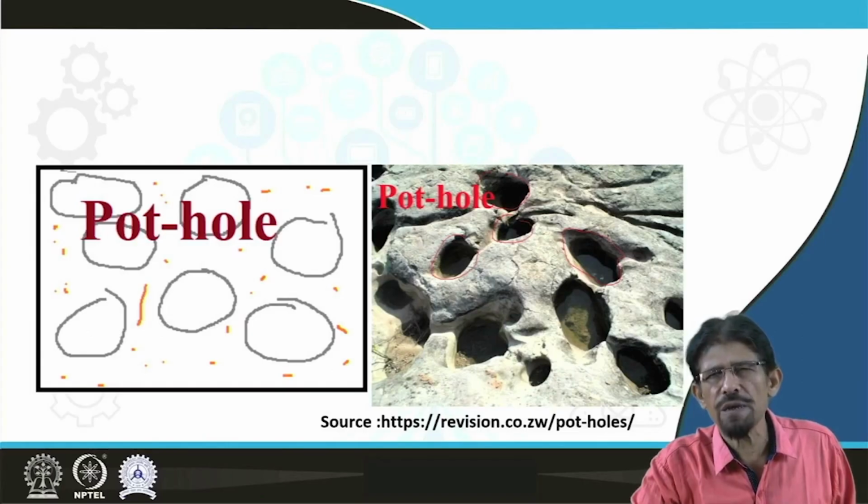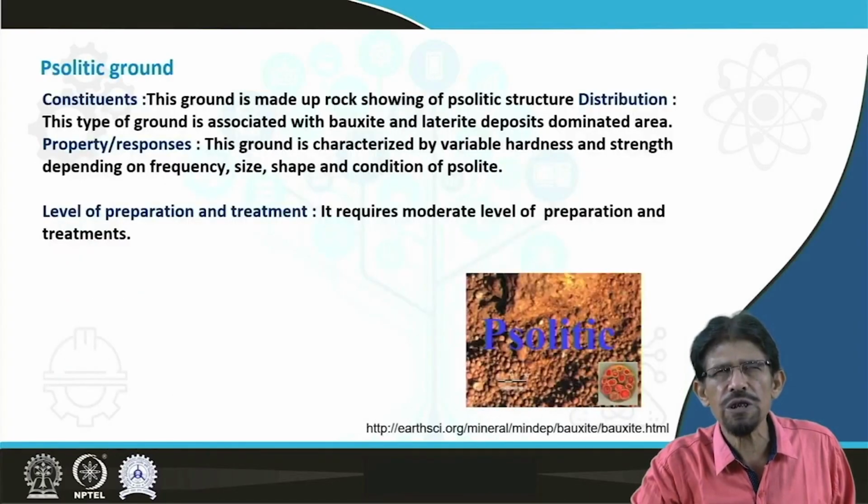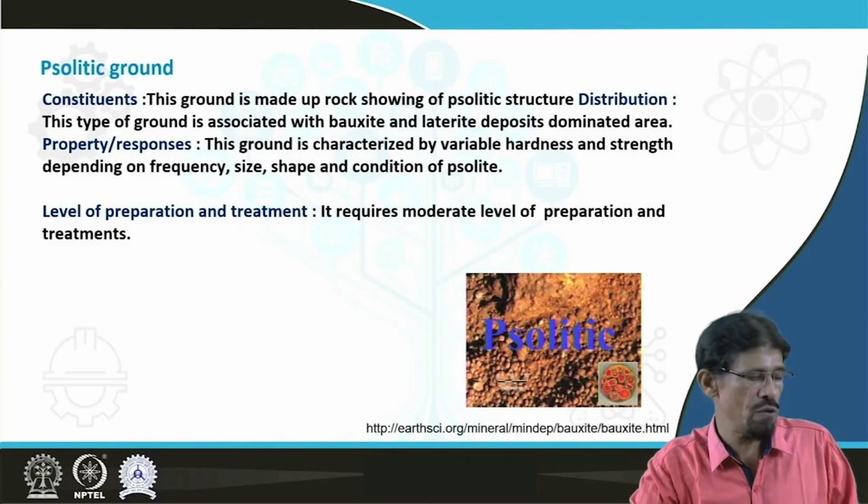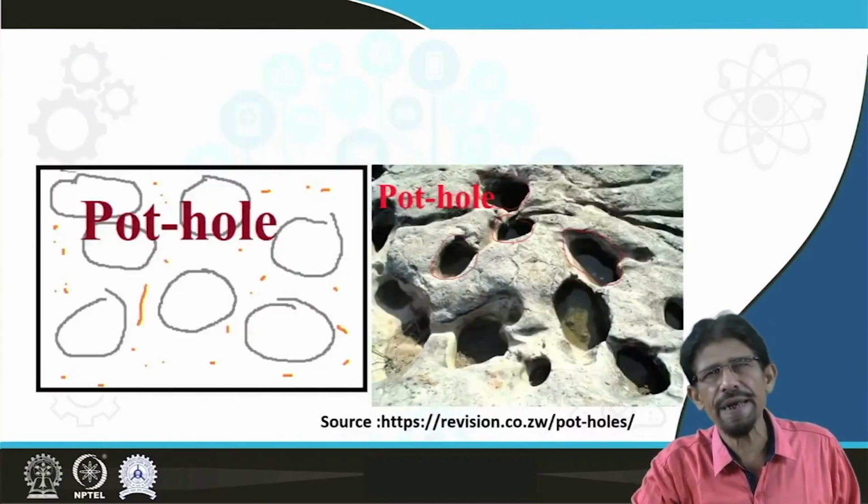As there is a presence of a number of openings, saturated, filled, unfilled, partially saturated, fully saturated, etc., therefore this type of ground is going to show different types of preparation and different types of treatment because its strength is varying.